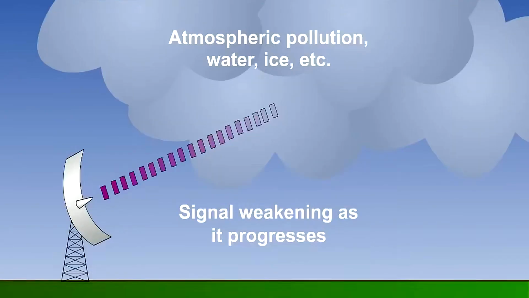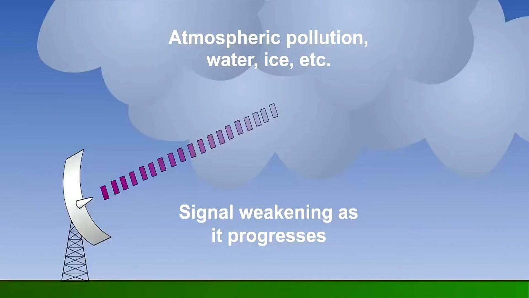Another type of signal weakening is atmospheric attenuation, or scatter. Because the atmosphere contains solid particles such as water, pollutants, and ice, these will reflect and scatter radio waves of a sufficiently high frequency, those above 5 GHz.